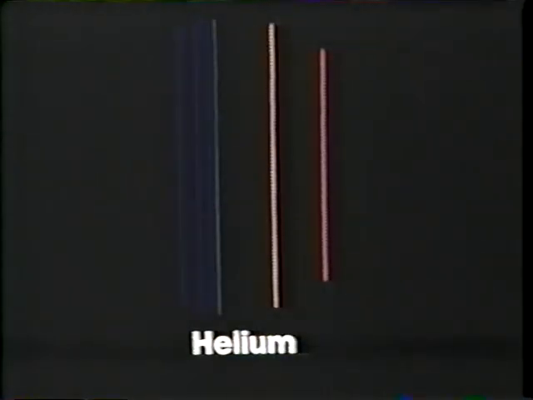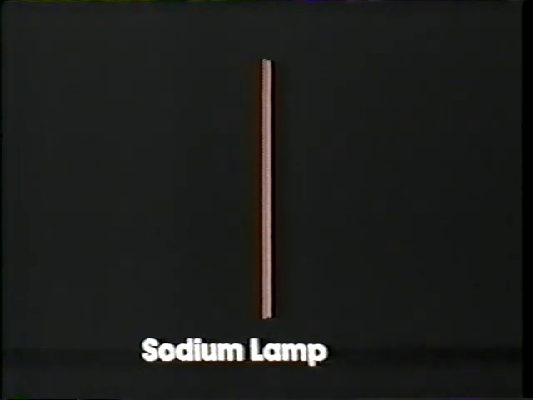The spectrum of helium is a little bit more complicated, but it's unique to helium. The spectrum of sodium is different from hydrogen and helium, but it's unique to sodium, and we see that there are two bright yellow lines. And the neon spectrum is unique to neon. And so every element, every substance that we find here on Earth has its own unique spectrum.